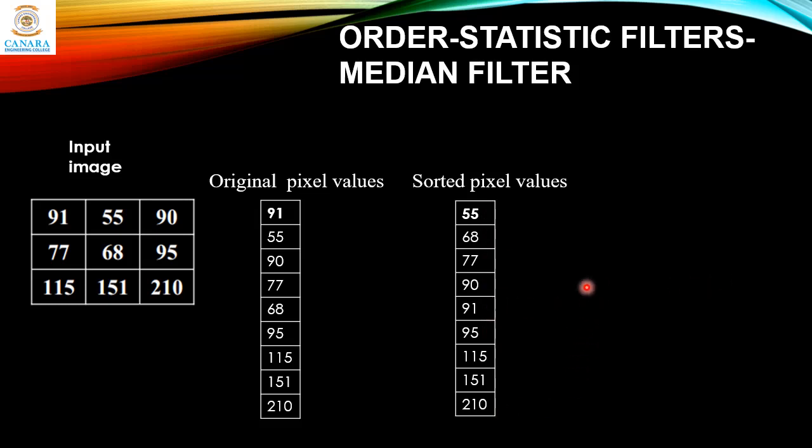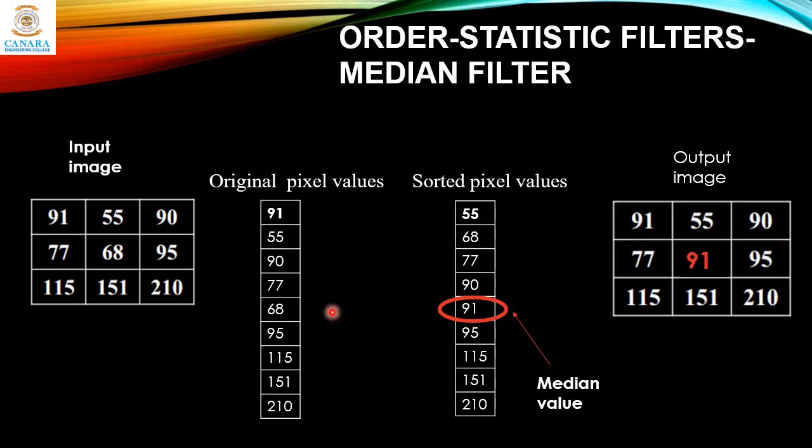Now the task is to pick the median value, the value which lies in between. So 1, 2, 3, 4, 5. The fifth element is the middle one. So we'll choose it as the median value, and we'll replace the 68 by this new median value which is 91. This is how a typical median filter works.